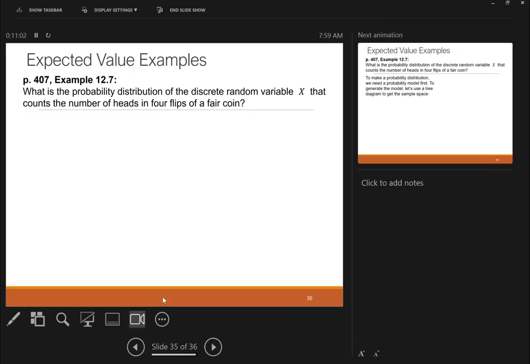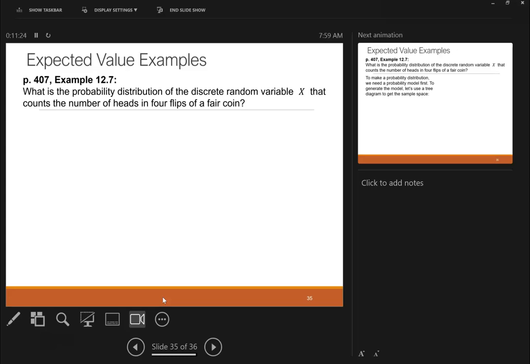Ethan? So 4 heads, right? Or 0 heads, yep. Correct. So my random variable can take the values of 0, 1, 2, 3, 4.